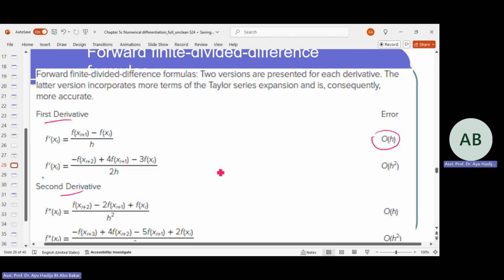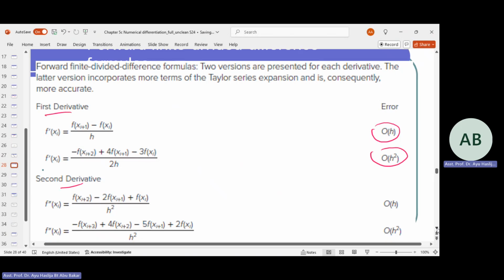First level, second level. Now notice the difference between first and second derivative. The equation is different. Okay, the equation is different. For first derivative, you only need 1 point ahead, xi plus 1. For second derivative, you need 2 points ahead.